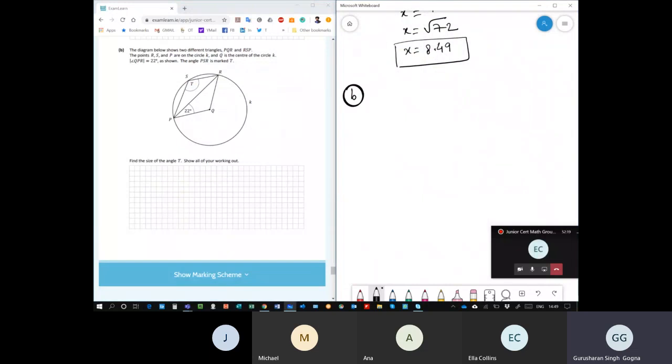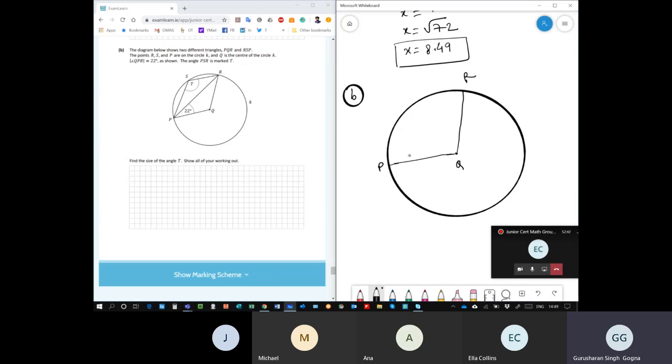Part B. There is a circle and Q is the center of the circle. You connect P and R, then you connect P and R as well, and then you connect to point S somewhere here.